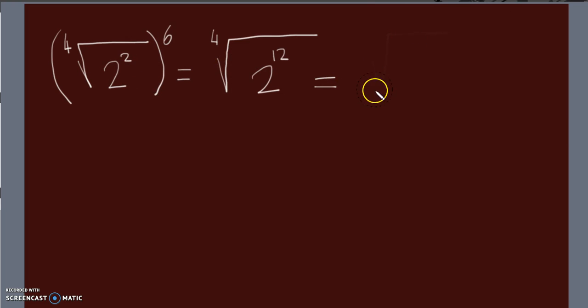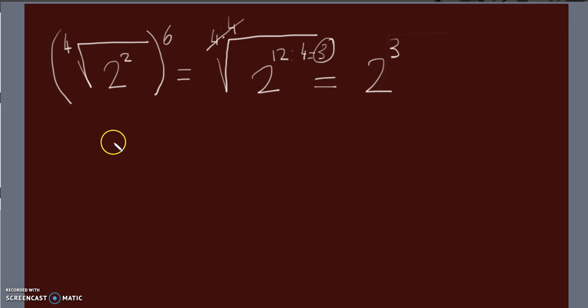So it's left 2 to the power of 3. Why? Well, if I divide by 4, 4 divided by 4 is 1, so I can eliminate the radical, and here in the power, 12 divided by 4 is 3. So this is the final result. I can eliminate the radical because in the index is left the number 1.